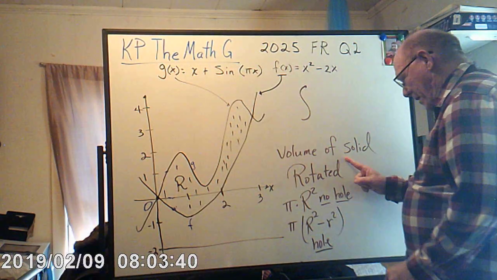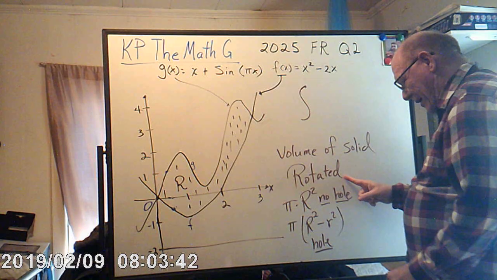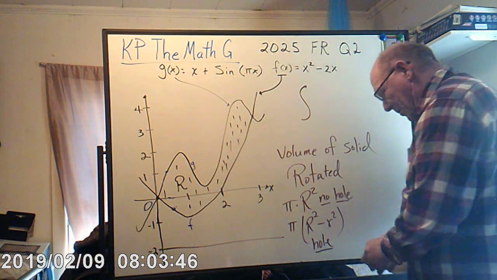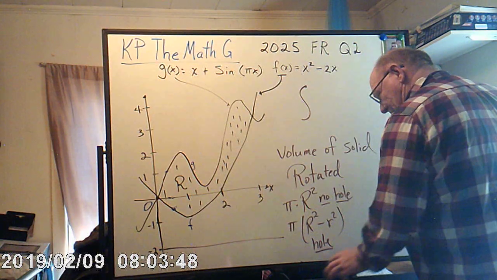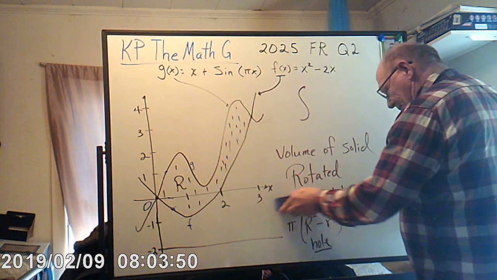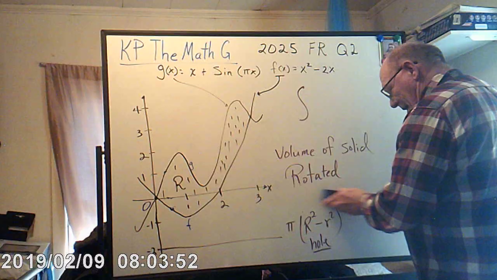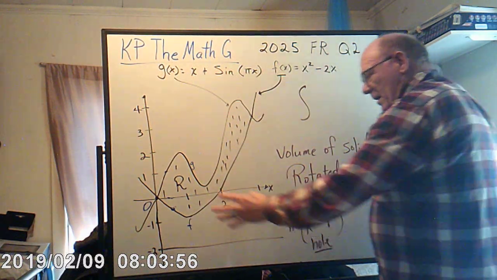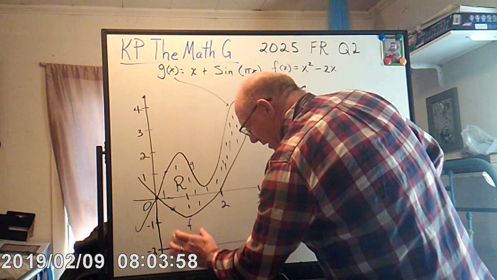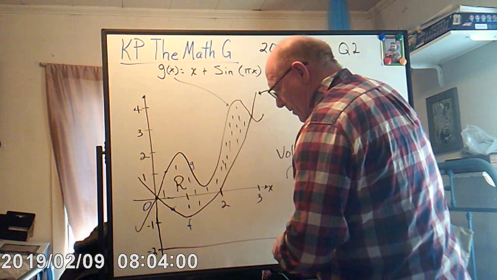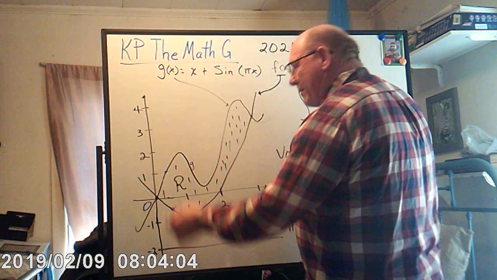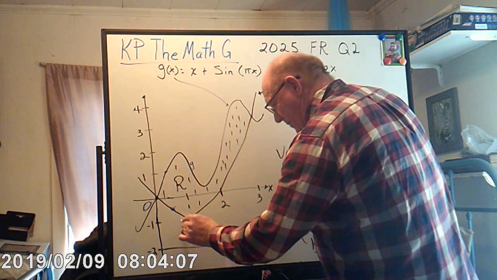Okay, so it's a volume of solid. We know it's rotated automatically, pi r squared, if it's no hole. But there is a hole in this particular case. I'm going to show you how I determined that there is a hole. Graph is here. No graph is below here. The hole, okay, so I wish I could show you better. My graph is too far down really.